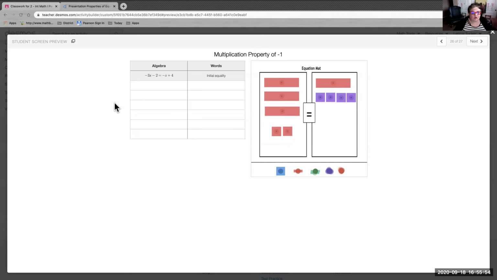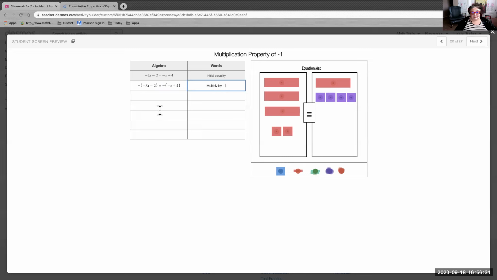If you multiply the whole thing by -1, and algebraically it would look like this. You could put a -1 or not. You don't have to put the -1. Okay, so that would be multiply by -1.